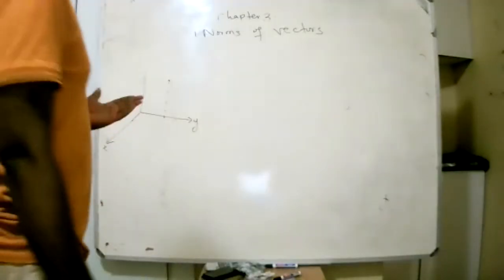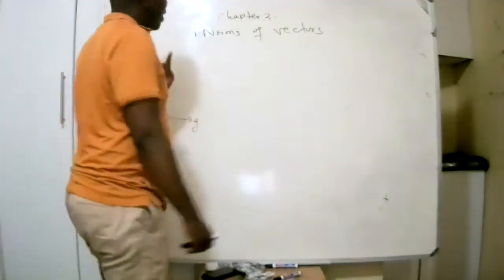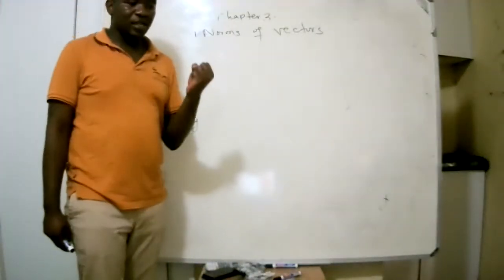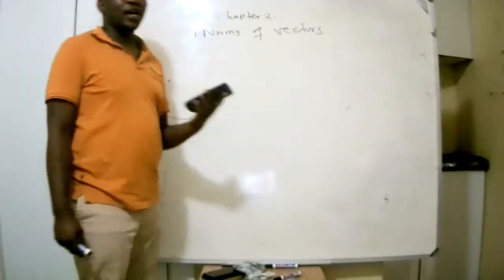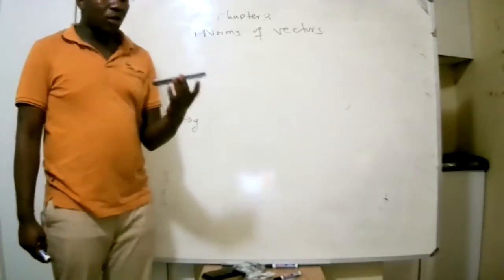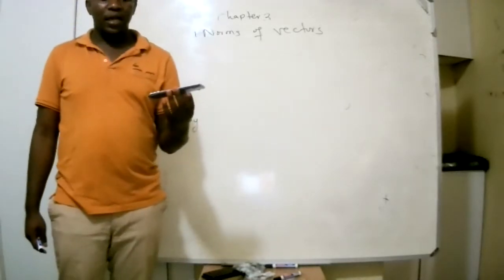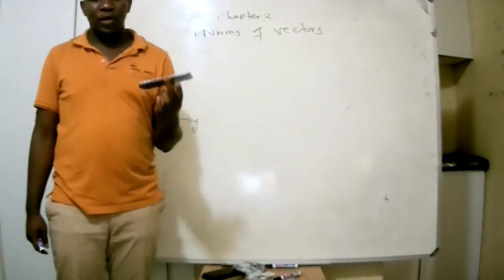A vector is a measure. For example, if you go to the weight of a calculator, you give a certain number to tell the weight of this calculator.